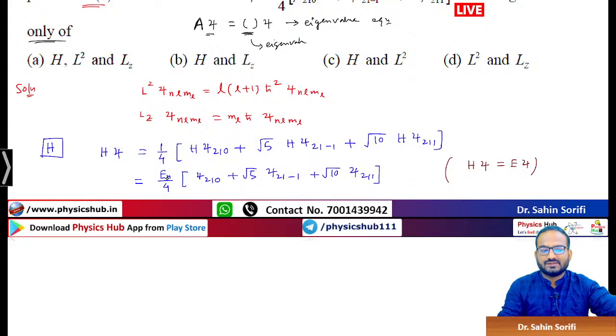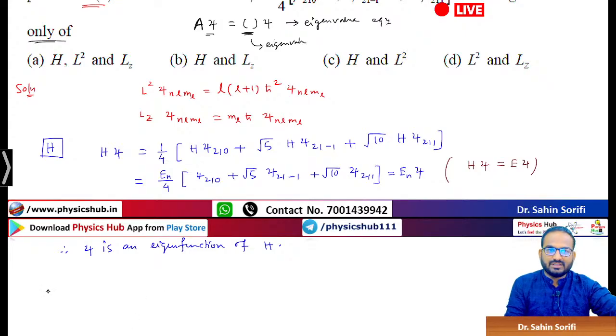As you can see, this is En by 4, this is En of psi. So we can say that psi is an eigenfunction, sorry, not eigenvalue, eigenfunction of H.